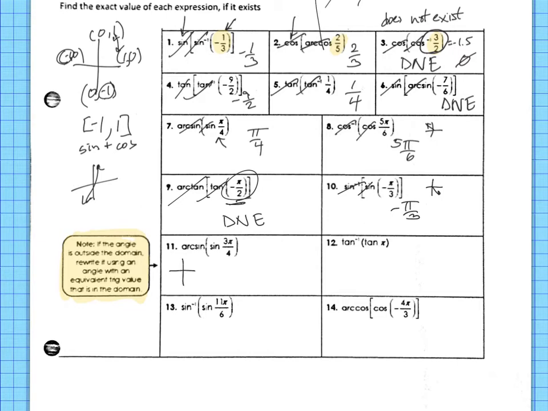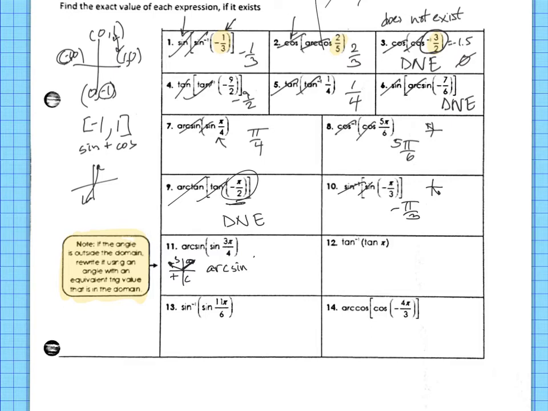If you look at the unit circle, 3 pi over 4 is right here. Inverse sine is not allowed there. So look at your unit circle. Is the y value positive or negative? It is positive. Where else is the sine positive? All Scholars Take Calculus. So sine is also positive right here. So another name for that angle that has the exact same answer would be pi over 4.